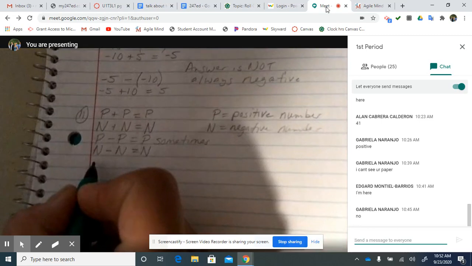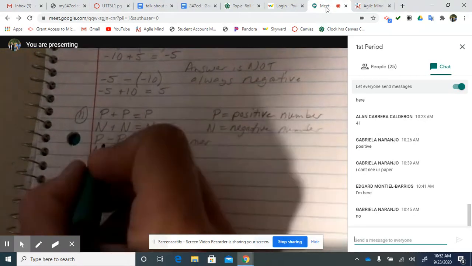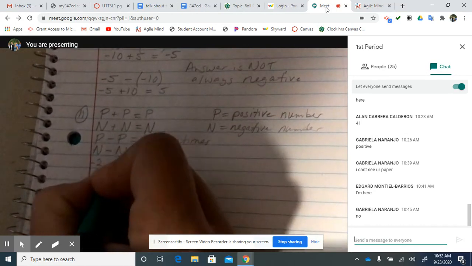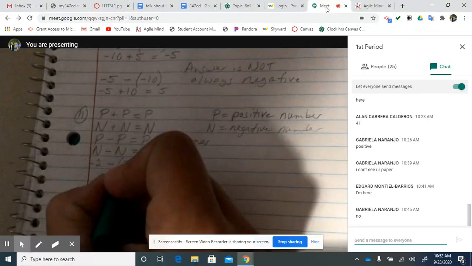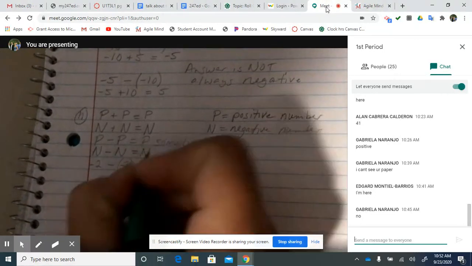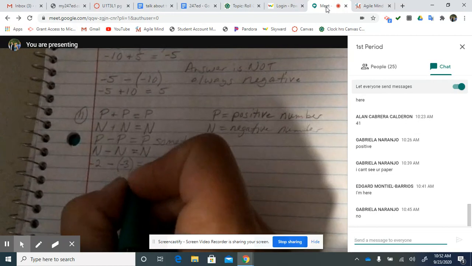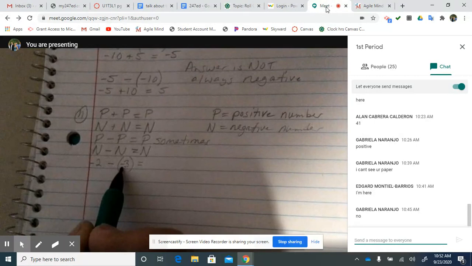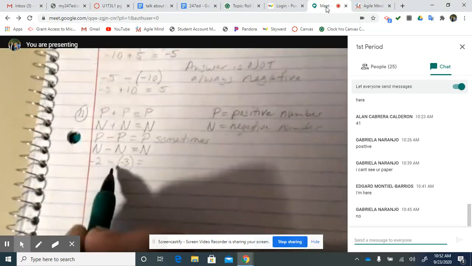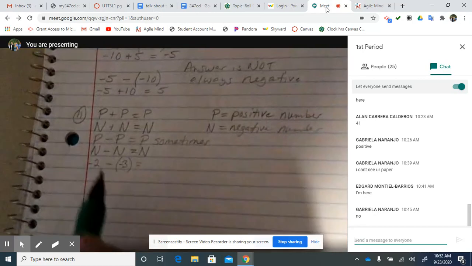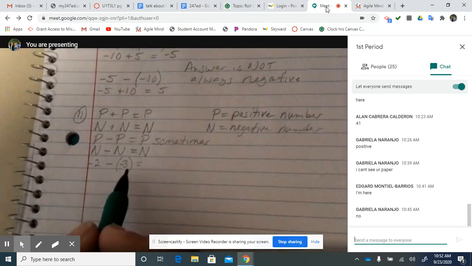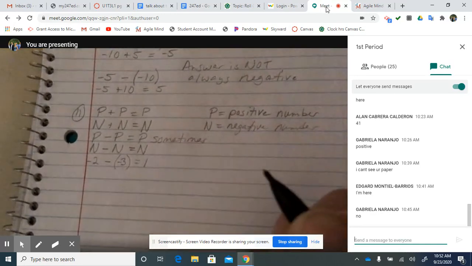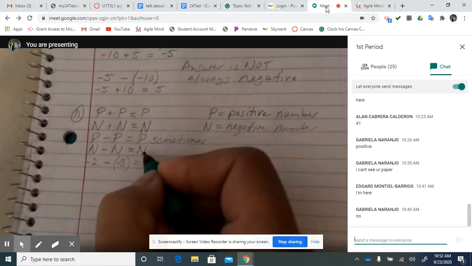We've got a negative number, let's go with negative 2 minus another negative number, let's go with negative 3. Remember, minus a negative is a positive, so we're adding. This is like adding 3. So we'll have negative 2 plus 3, or 3 minus 2, which gives us 1. And the 1's positive, it's not negative.